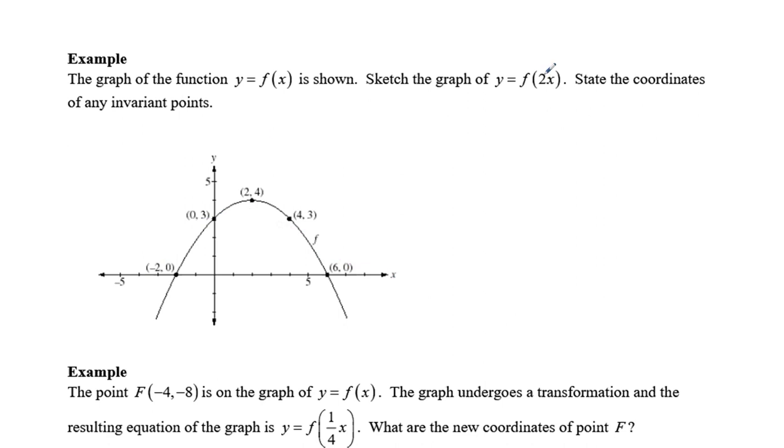What this is going to do is take all of my x values and multiply them by 1/2, the reciprocal of b. -2 will become -1. 0 will stay at 0. 2 will become 1. 4 will become 2. 6 will become 3.